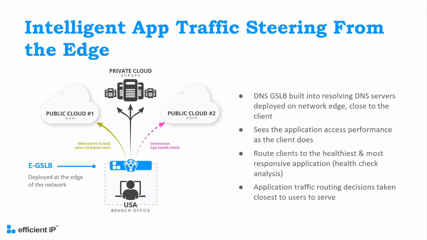So you use GSLB as a record of last resort, as your disaster recovery. So when something bad happens, you're not manipulating DNS records. You're letting the GSLB send it to your disaster recovery place.